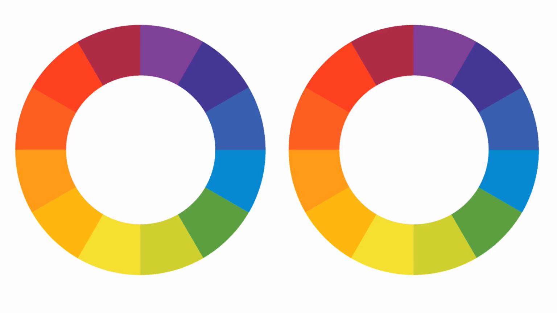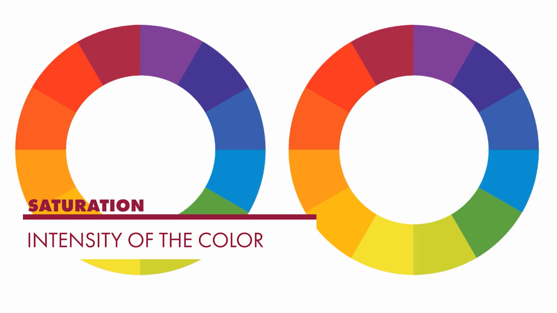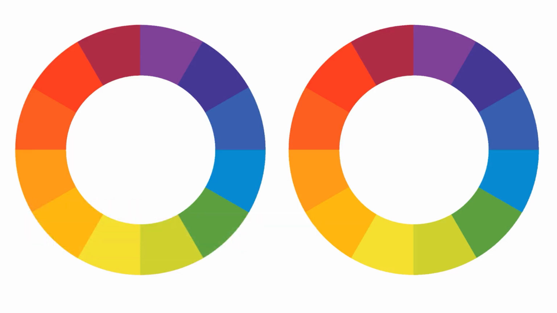So here I have a color wheel, but I'm going to make an exact replica on the right so that you can compare and contrast what the differences are. The first thing I'm going to do is change the saturation. What saturation simply means is how pure the color is.